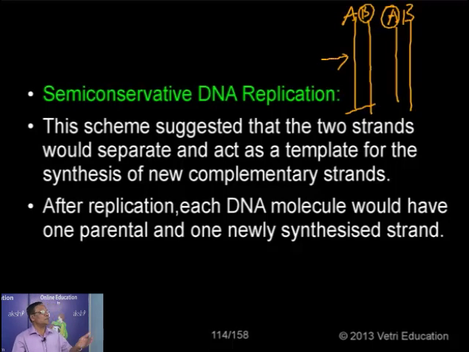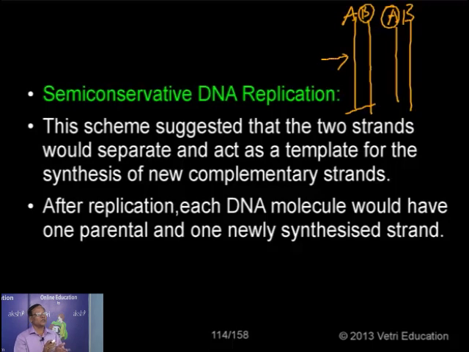So the scheme suggested that the two strands would separate and each strand acts as a template for the synthesis of two new complementary strands. Then after replication, what will happen? We have seen the DNA molecule form. Each one has one parental strand and one newly synthesized strand. That is why the method is called semi-conservative.